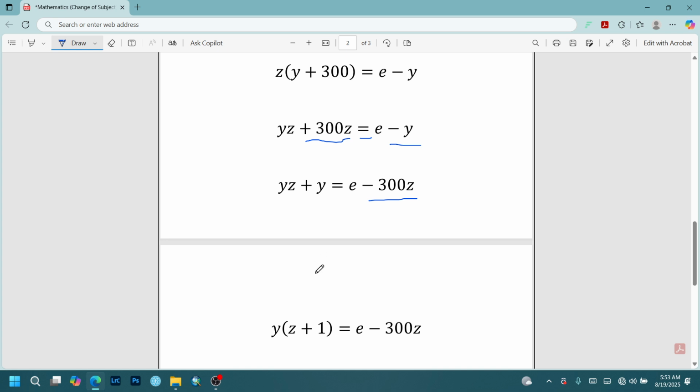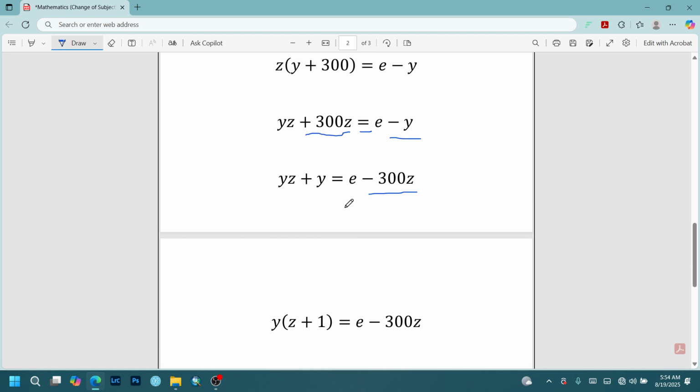Which variable, when multiplied with y, gives yz? It is z. So we have y multiplying z giving us yz. So z is the right variable. Which number, when multiplied with y, will give us a positive y? That number is 1, because positive 1 multiplying positive y will give us positive y.